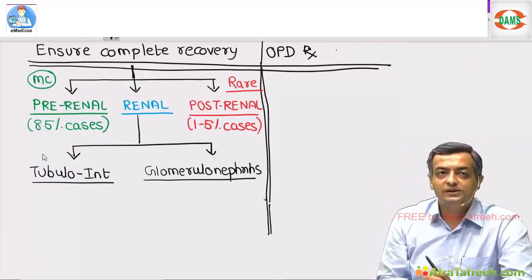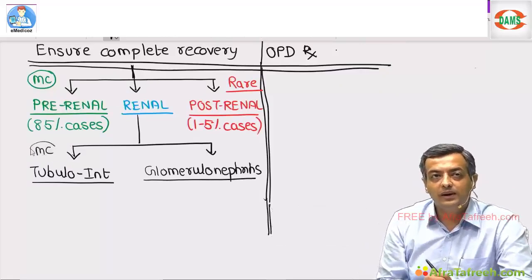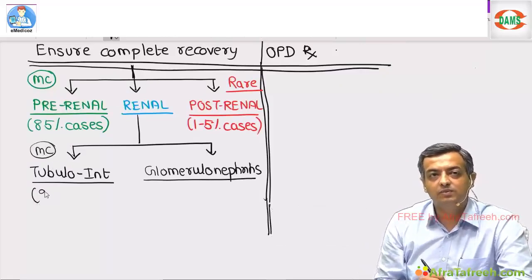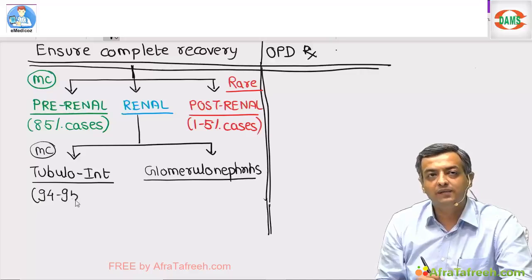Among the 2, which is more common? Tubulo-interstitial disease is more common, 94 to 96% of the cases.